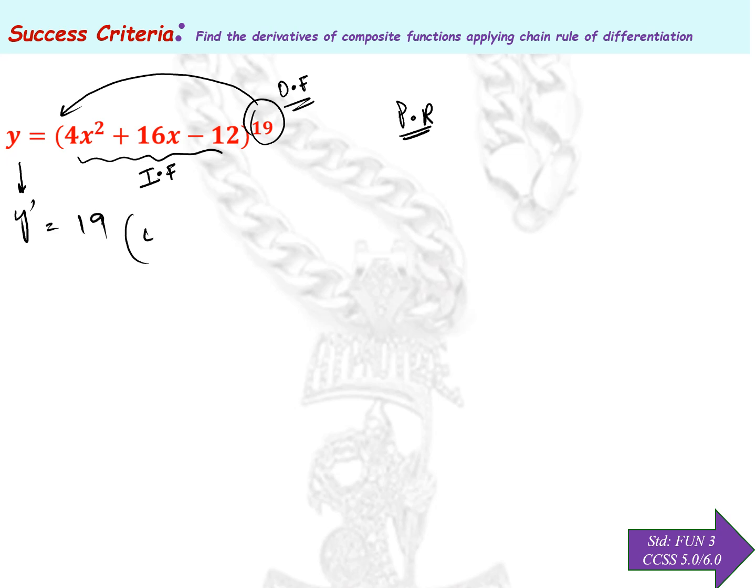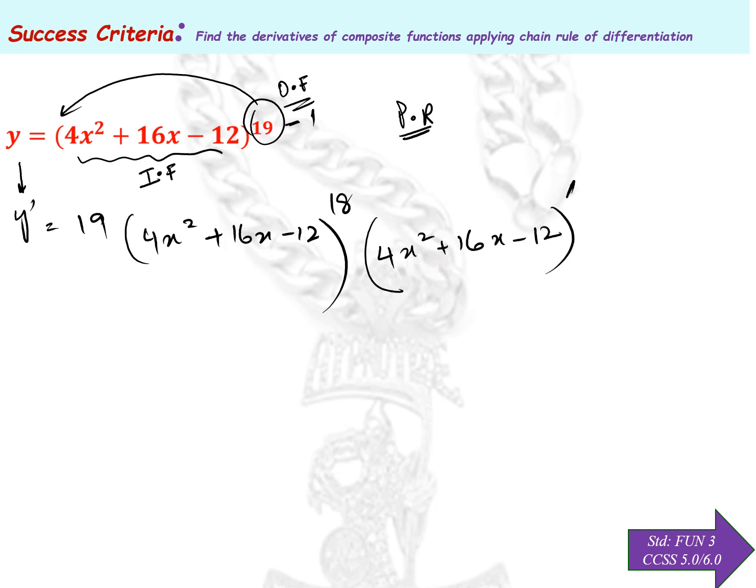Write the inner function as it is, no change. From the power subtract 1, which will give you 18. Now write only the inner function which is written inside the bracket without the power. Put a prime on it. Now the functions which don't carry the prime will be copied as it is.